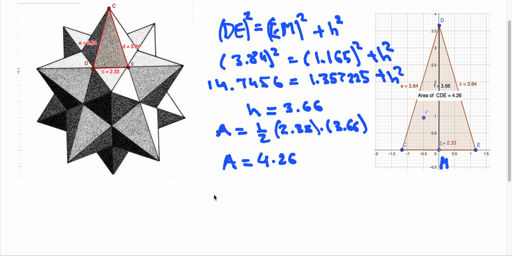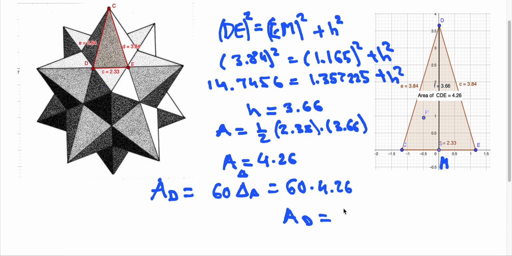To calculate the area of the whole dodecahedron, it is in fact 60 times the area of this triangle, which is 60 times 4.26, and the area of the dodecahedron, when you calculate in a calculator, is 255.834 units squared.